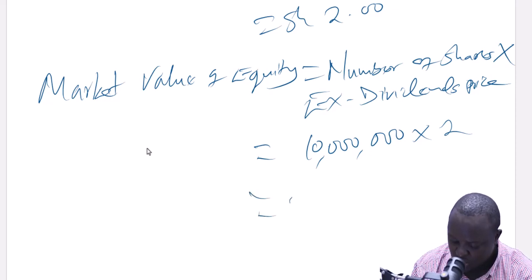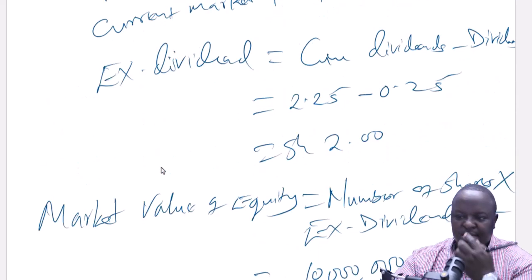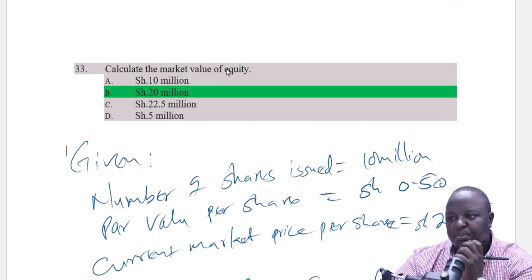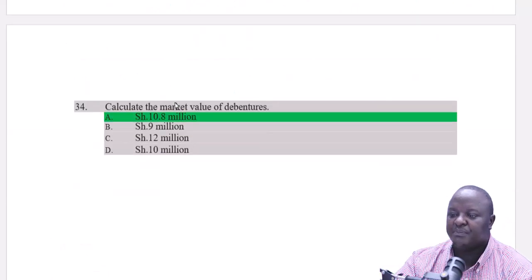So we get our answer at 20 million. That tells us that our market value of equity is 20 million. That is our option B.